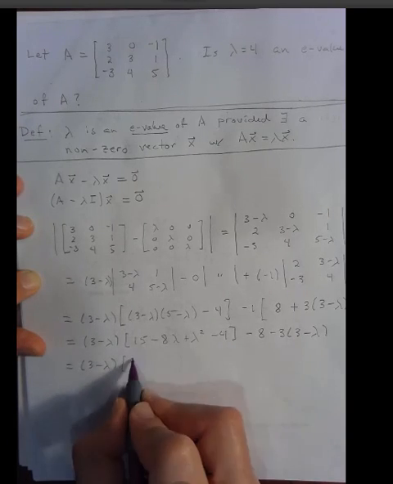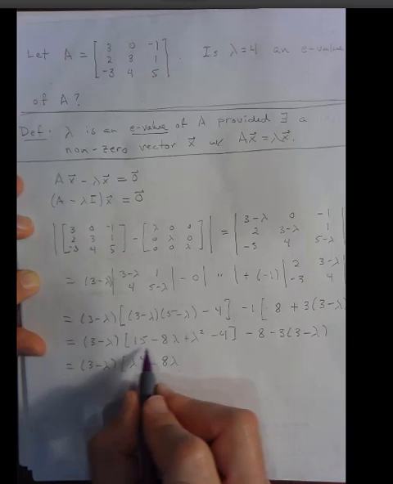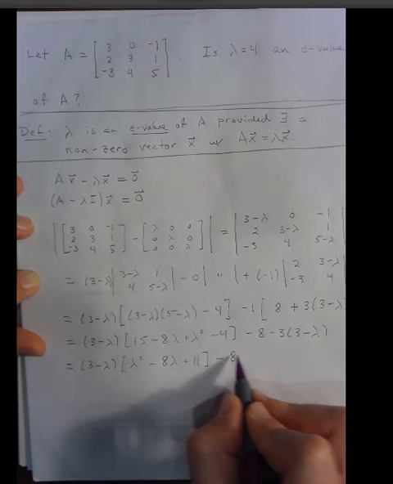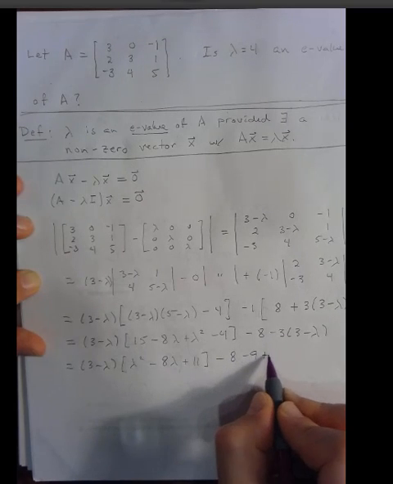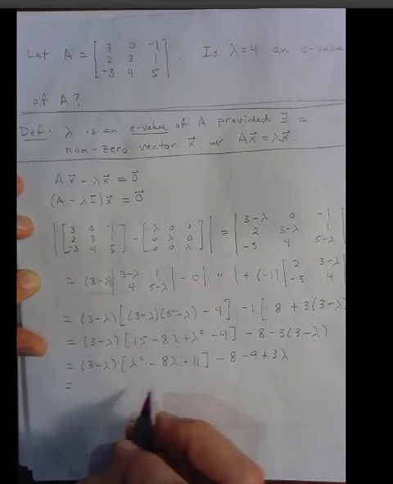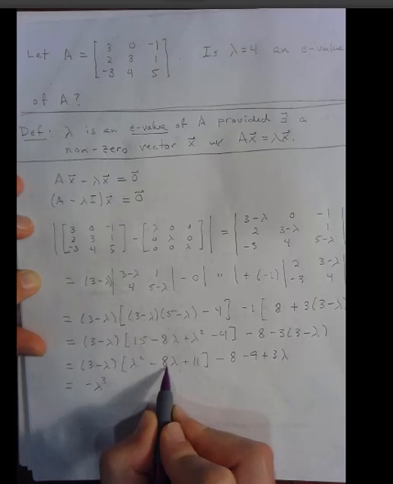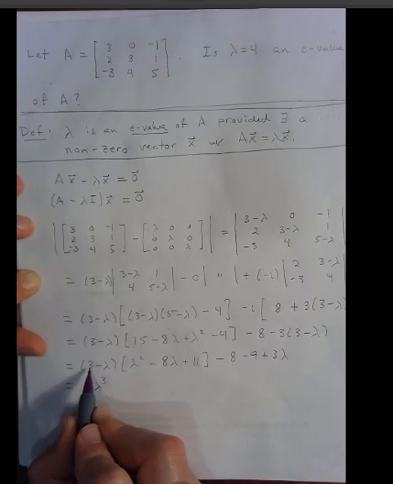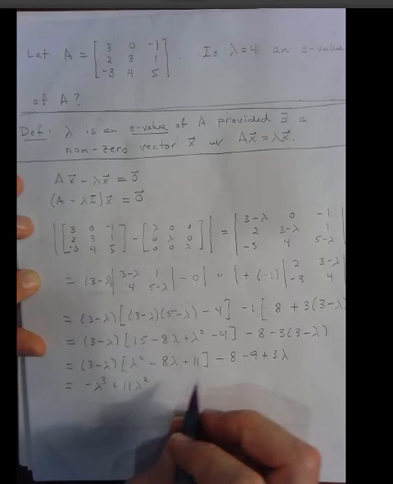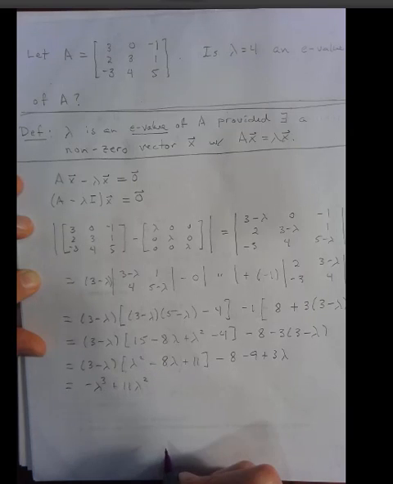Lambda squared minus 8 lambda plus 11, minus 8 minus 9 plus 3 lambda. Let's multiply this out. I get a minus lambda cubed. I'm going to get an 8 lambda squared and a 3 lambda squared. That's going to be 11 lambda squared.